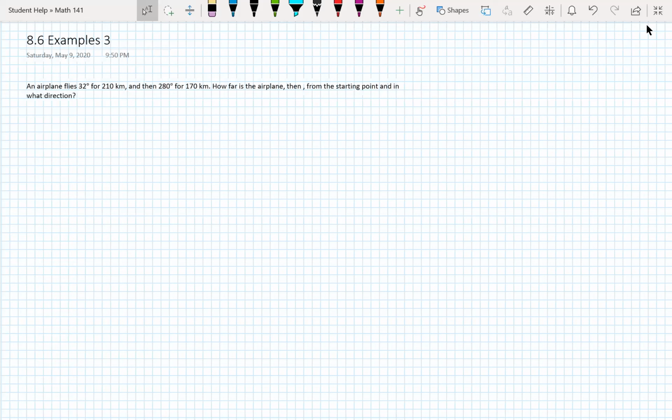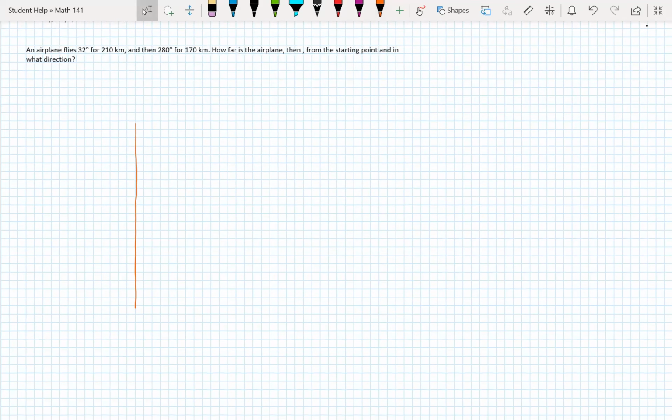So I'll draw a picture to remind you of how this was started. Anytime that you have a direction that something is moving, and there's no north, south, east, west given, we start in a northern facing direction and then we move clockwise for the angle.